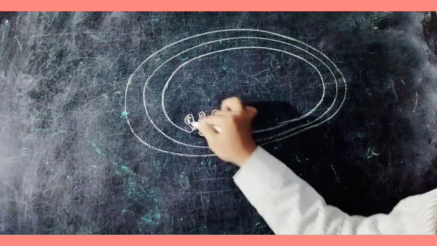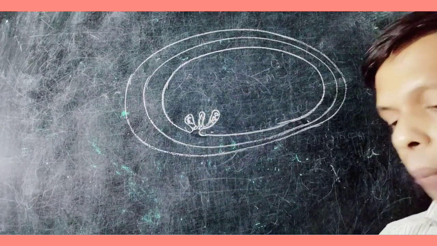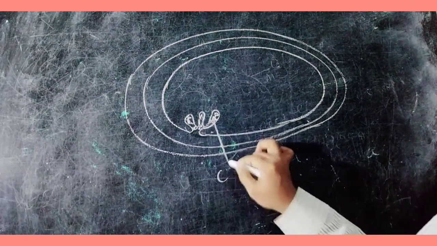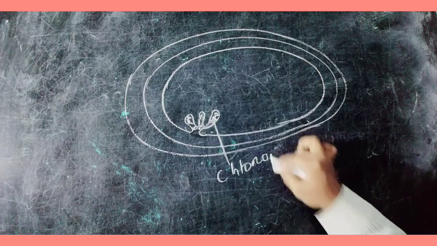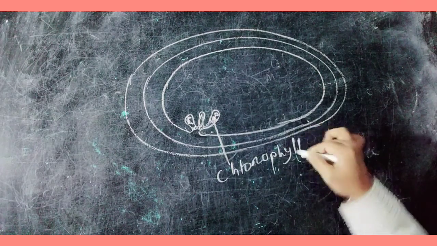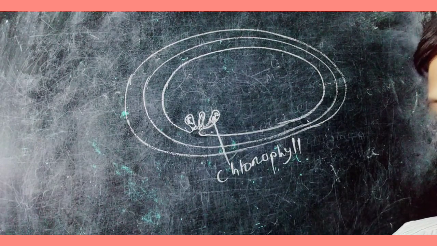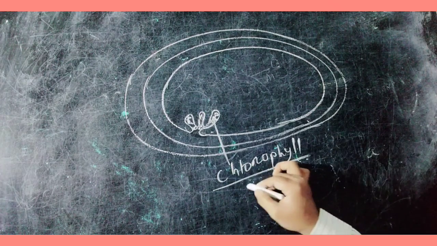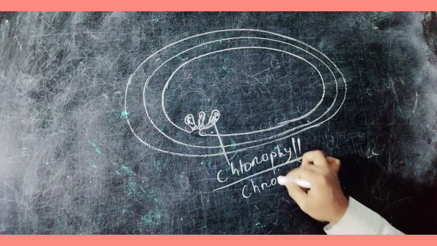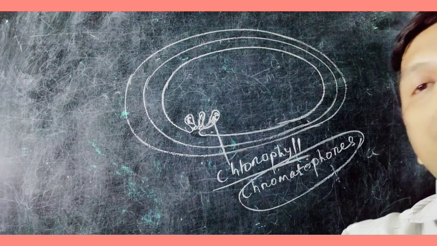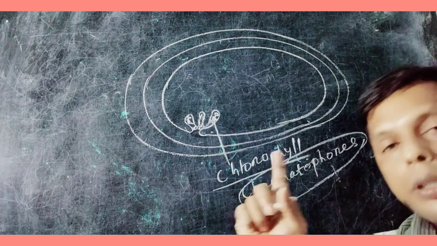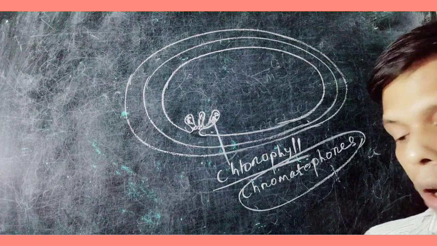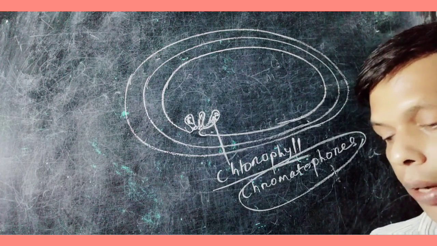It produces the deposition of pigments. The chlorophylls found within the mesosome are called chromatophore. These chromatophores are regarded as the photosynthetic organelles.